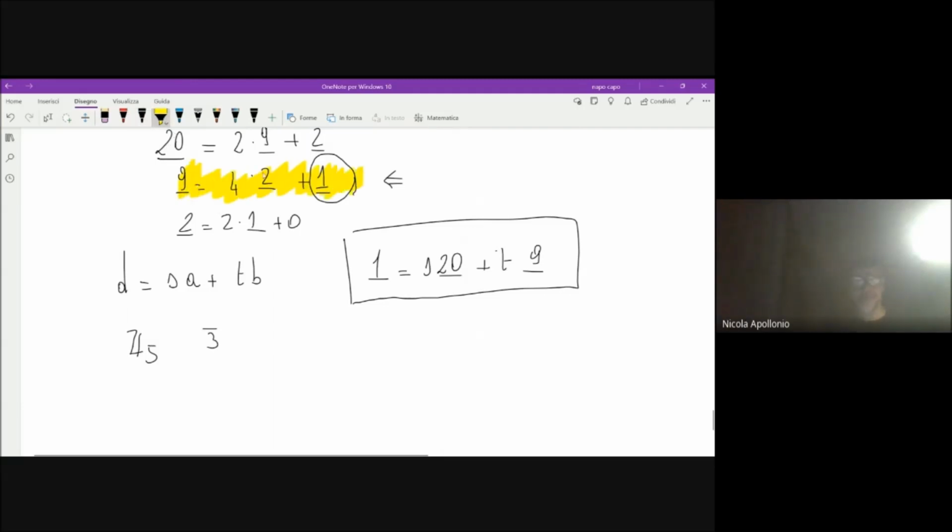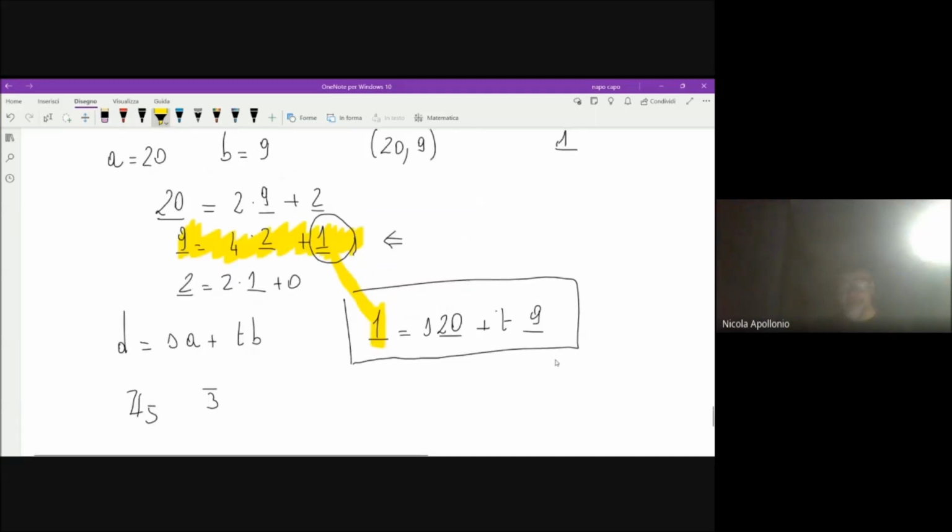This is the row. You are looking for an expression which has the greatest common divisor on the left-hand side, and on the right-hand side, you must find a linear combination of the given numbers.